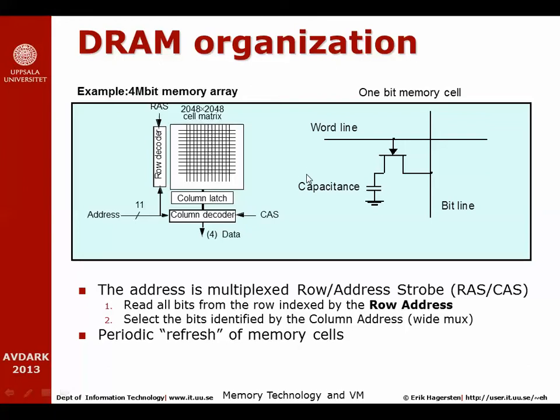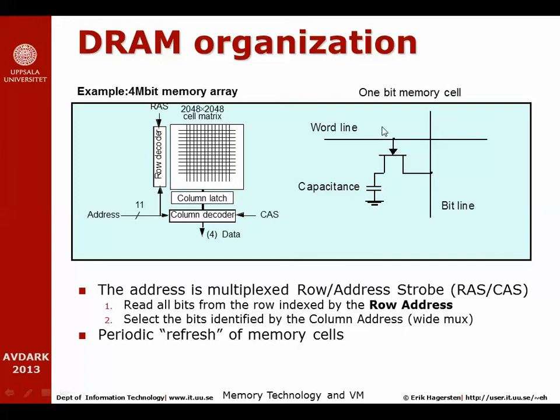Since it is just a charge that's stored here, and there's some leakage going on, after a while that charge will be drained more and more. And if we didn't do anything special, that means that all the 1s and 0s stored in a DRAM would simply be lost after some period of time. There is something called a refresh, which means that you will go in and amplify the charge stored on the capacitor.